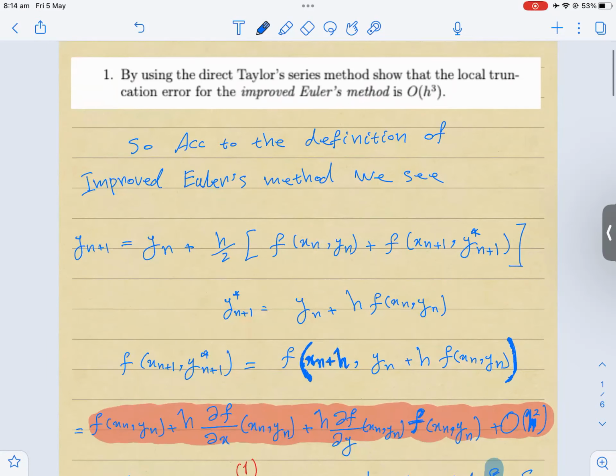According to the definition of the improved Euler method, you see that the new y is dependent on the older y plus this term here, h over 2 times f, which we will call k1.